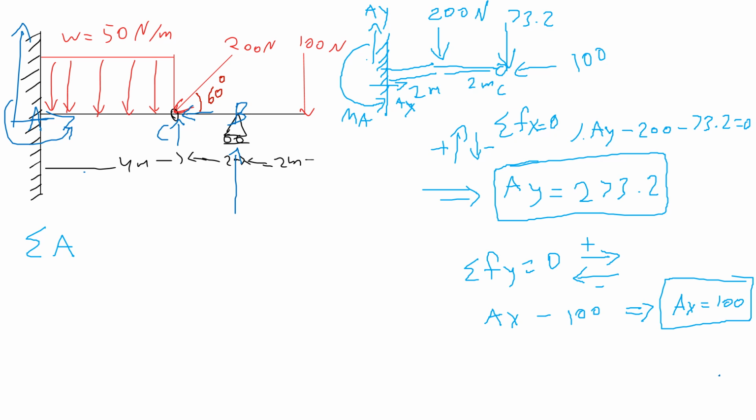I'm going to take it this way is positive. So it's going to be equal 0, of course. Let's say the AY, the AX, all going through the MA point.